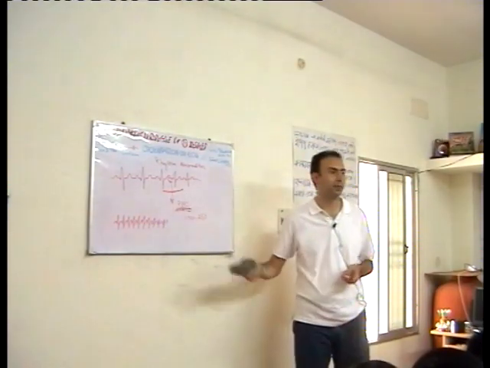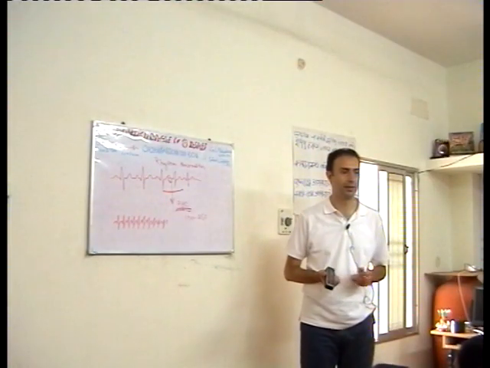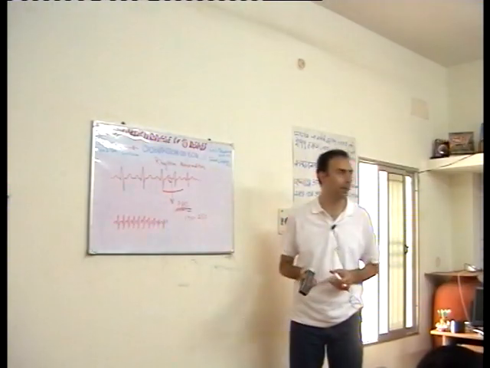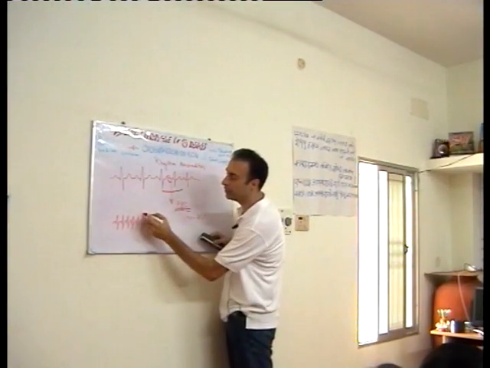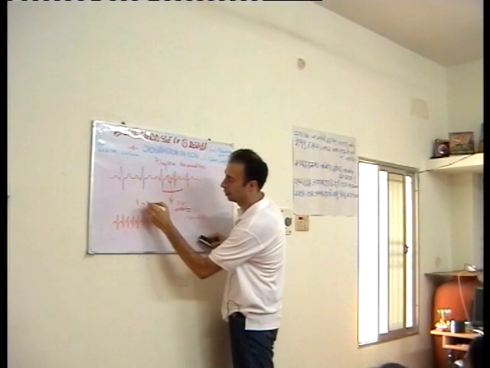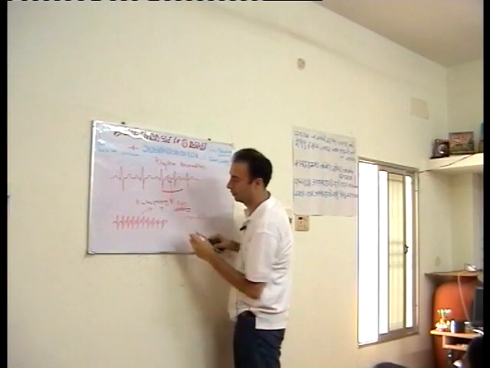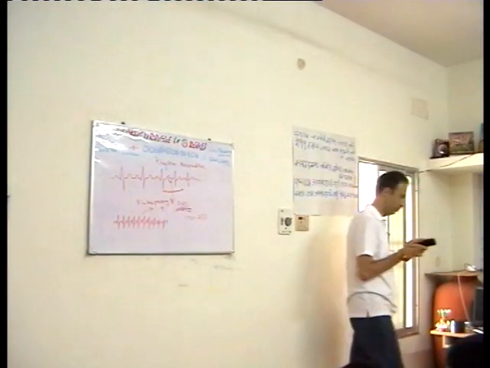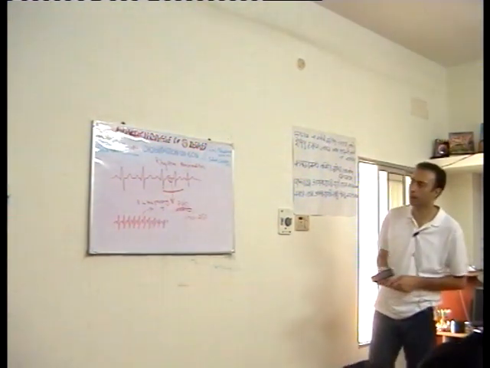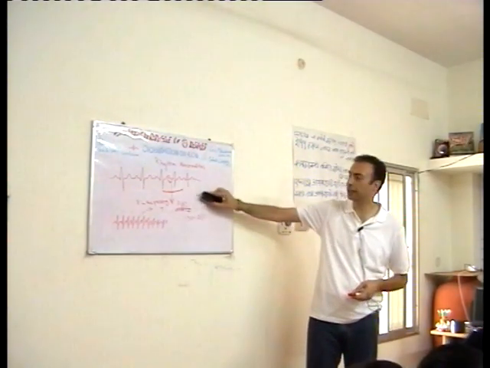Where is the P wave? We don't have any P wave here in this rhythm, do we? It is actually buried in the previous T. We don't have that typical ECG here.